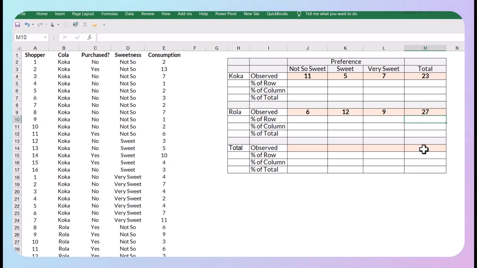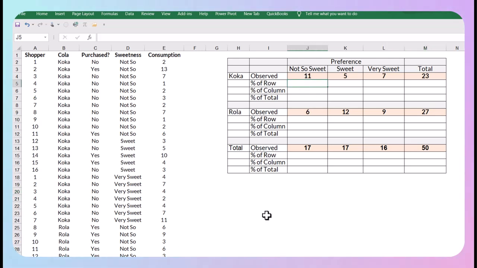Hopefully 27 and 23 is 50, so I got them all. Now I need the column total, which is Coca plus Rolla, and I'll drag that formula over. So I have 17 in the not so sweet, 17 in the sweet, 16 in the very sweet.